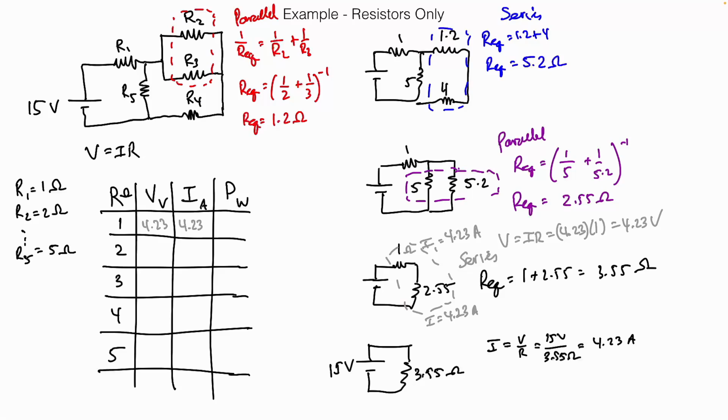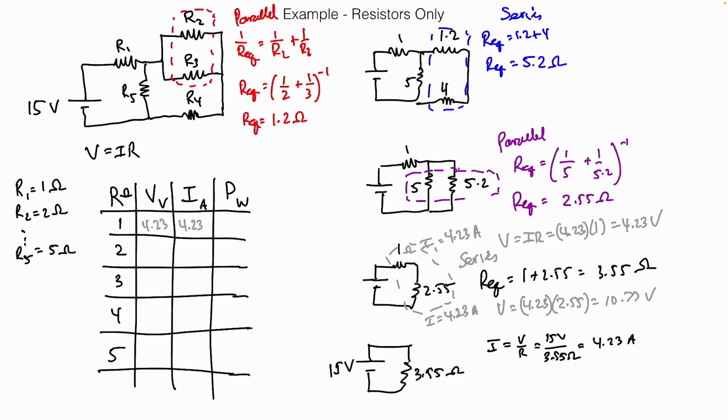Okay, and we do the same thing for the 2.55. The voltage is going to be the current, 4.23 times 2.55, which is 10.77. I can't put anything in my table, right?